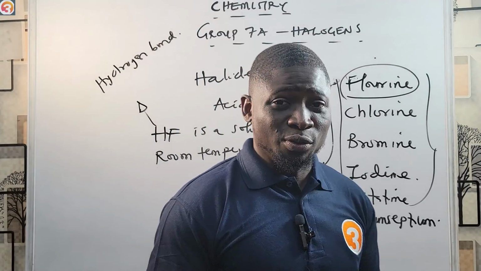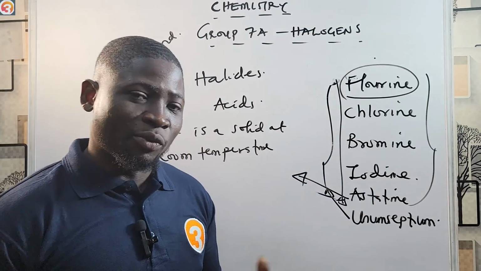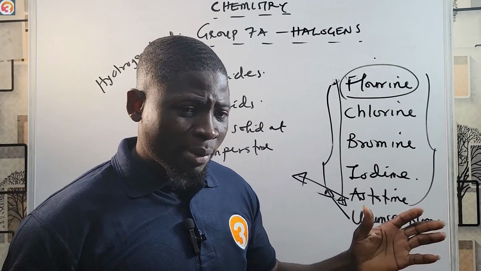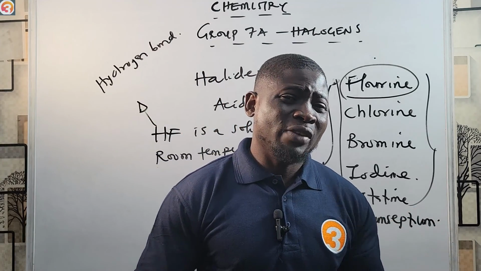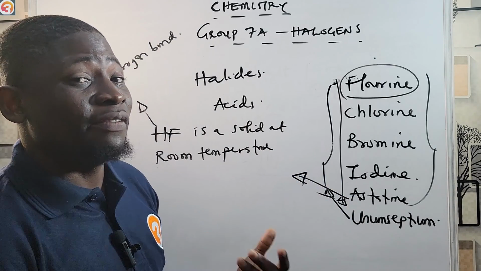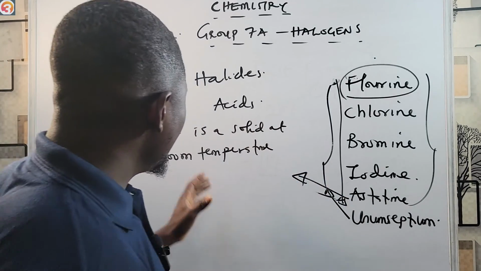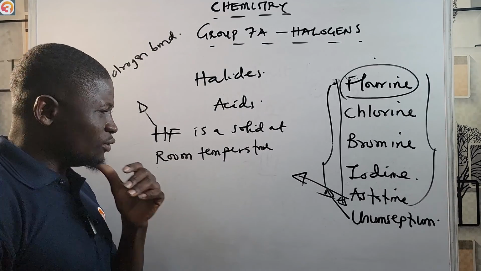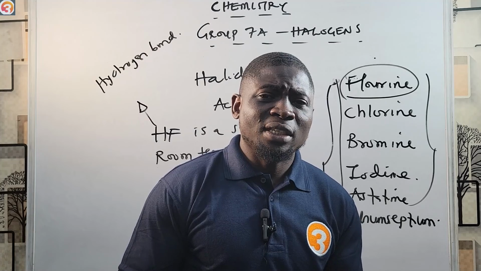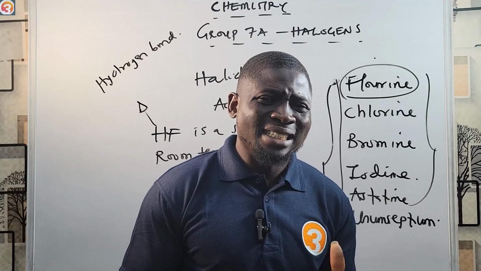Hydrogen bonds are normally weak, but when so many of them act together, they become very strong. Even van der Waals forces get to a point where they are very strong. Now, hydrogen fluoride is a solid at room temperature.